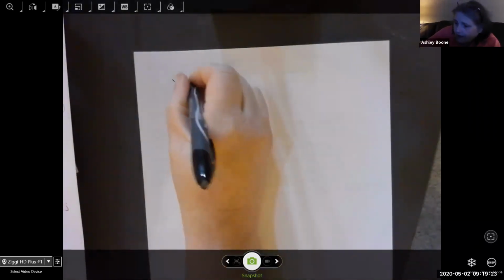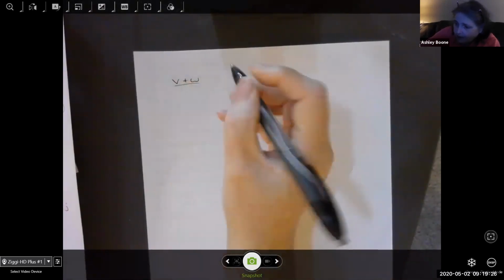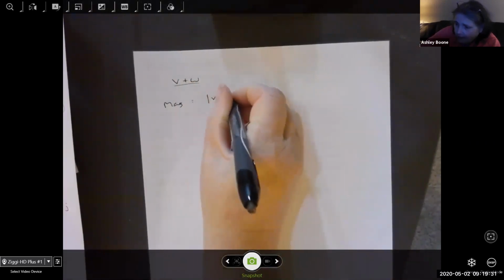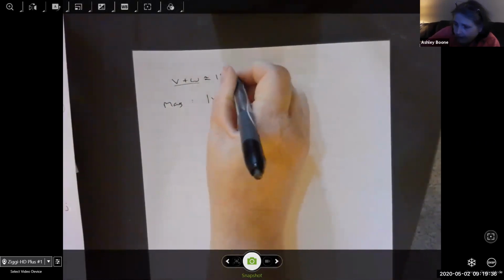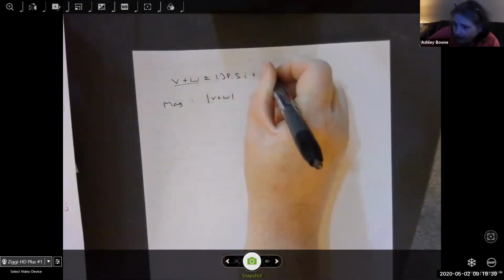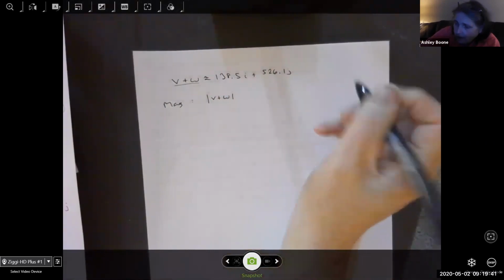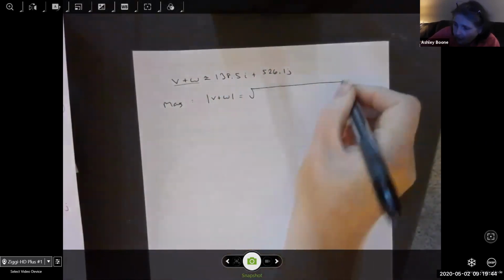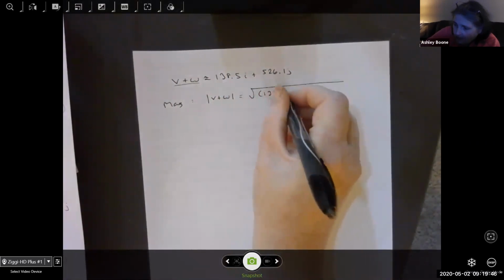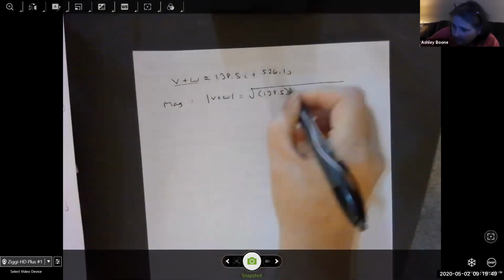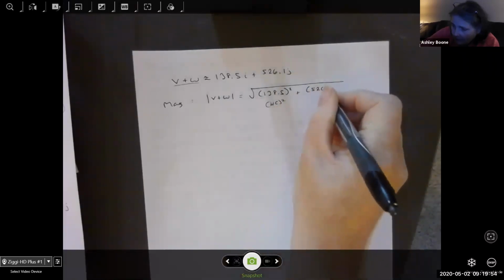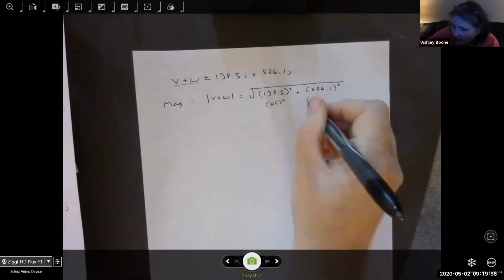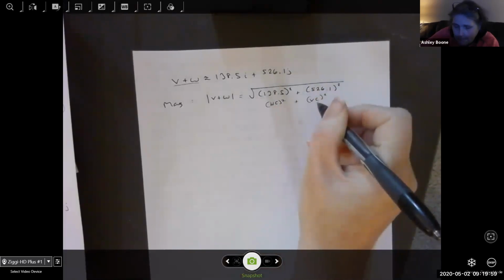So for V plus W, my resulting vector, I need the magnitude. That's going to be the magnitude of V plus W. Remember, V plus W we found to be approximately 138.5I plus 526.1J. So magnitude would be the square root, horizontal component squared, plus vertical component squared, okay?